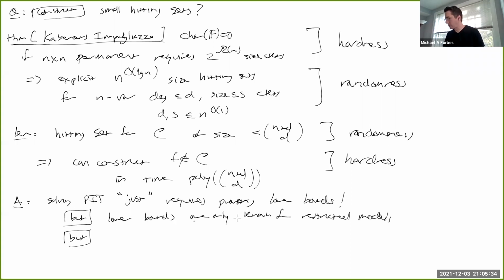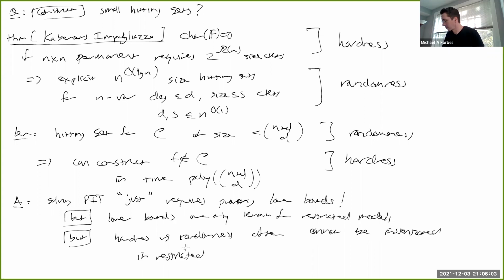And what's more problematic is that even though we do know some lower bounds for restricted models, these hardness versus randomness connections, especially the Kabanets-Impagliazzo results, often cannot or do not obviously get instantiated in restricted models. So what do I mean by that? The hypothesis here is saying that the permanent requires 2 to the omega of n sized general circuits, and the conclusion is that we have a PIT against general circuits.